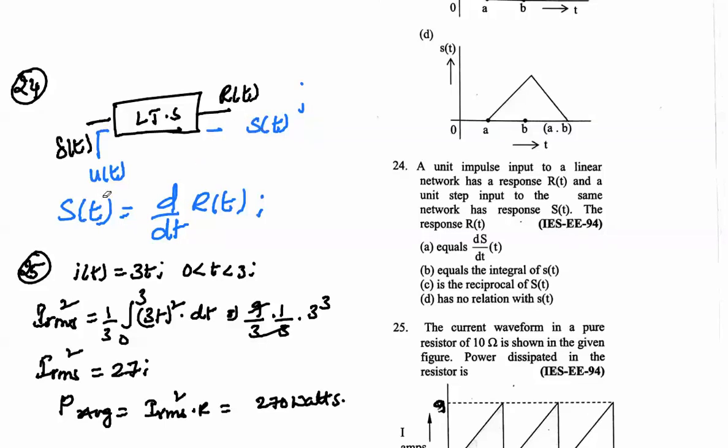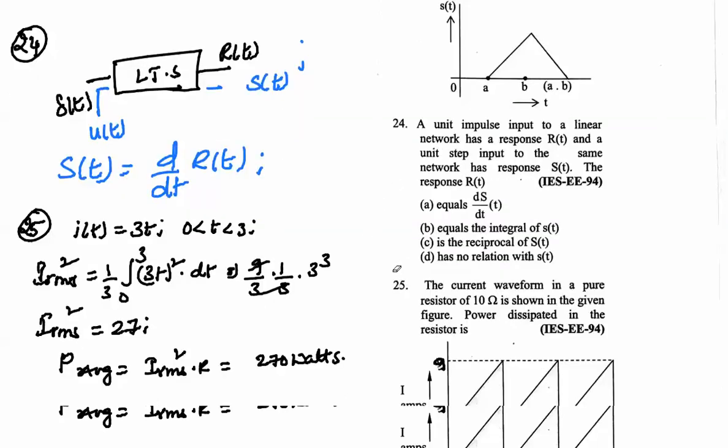Next we give a step input to this linear time system, and we get the output S of t. So the relationship between S of t and R of t is that S of t, the unit step response, is equal to the differentiation of the ramp response, sorry, the impulse response. The answer is A.